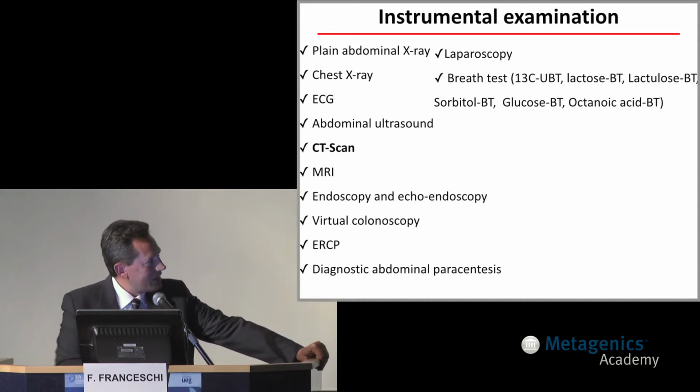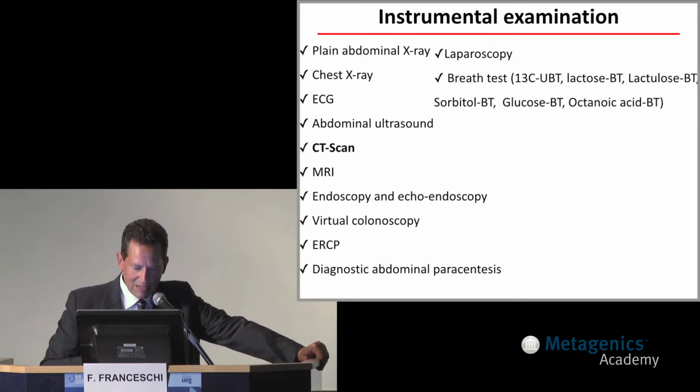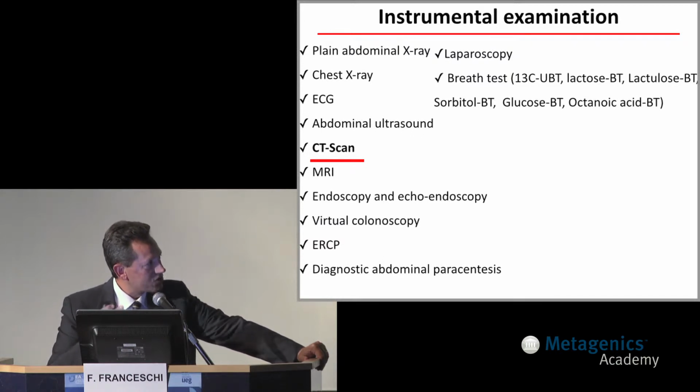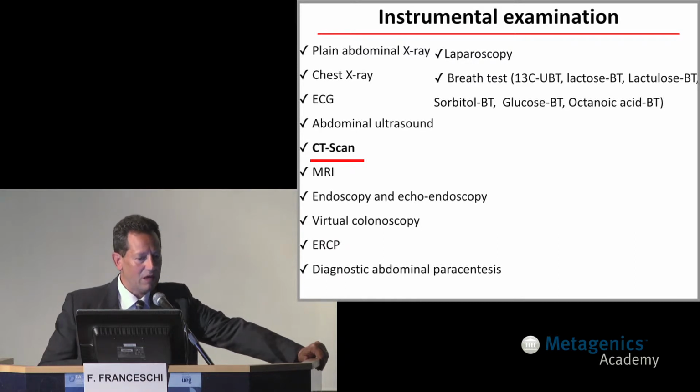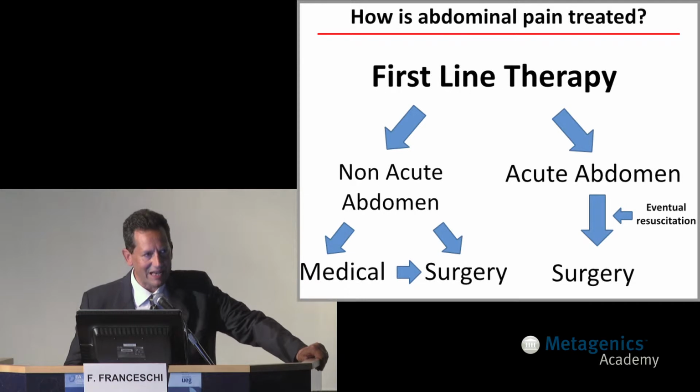This is just to show you that when we talk about abdominal pain in the emergency setting, the best technique is the CT scan of the abdomen, because we have to exclude surgical causes or severe, life-threatening causes of abdominal pain. Then we have time to study with the breath test, sorbitol breath test, glucose breath test, and abdominal ultrasound and all the other techniques.